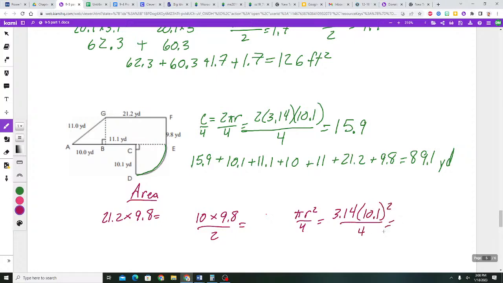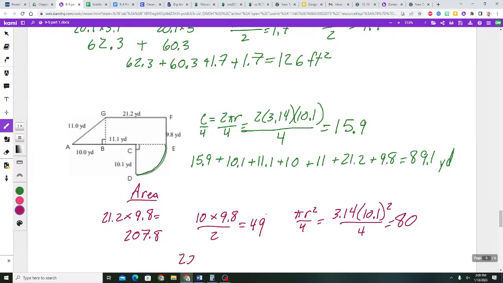So 21.2 times 9.8 gives us 207.8. 10 times 9.8 divided by 2 gives us 49. And then 3.14 times 10.1 squared divided by 4 gives me 80.